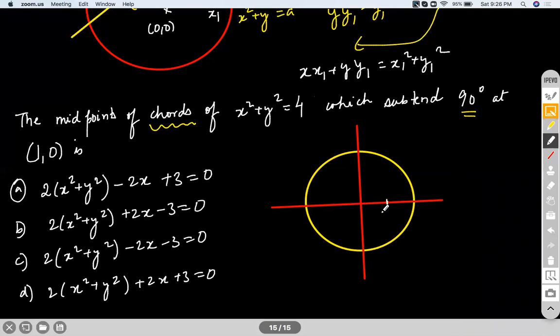This is (1, 0). Let's say this is my chord. The angle subtended here by this chord is always 90°. So I have to find what path the midpoint will take. Will the path be this, or this?